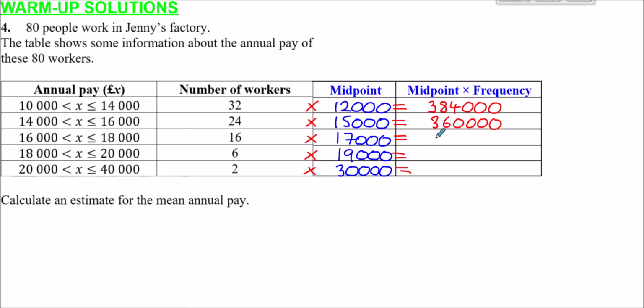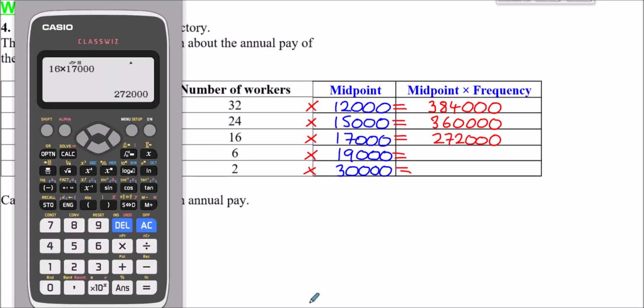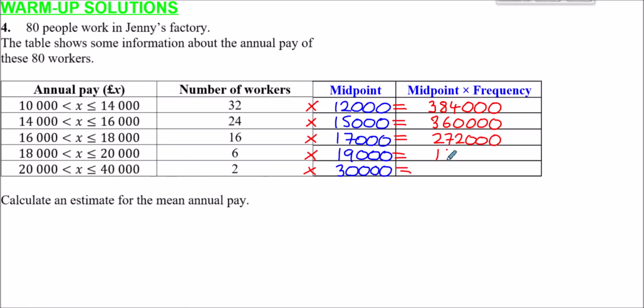So 272,000 here. 6 times 19,000. Gives us 114,000. And finally, only one more row to do. So finally, 2 times 30,000. I'm pretty sure we can do this without a calculator. 2 times 30,000. That's 60,000.